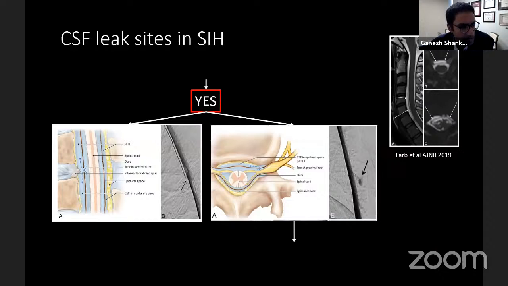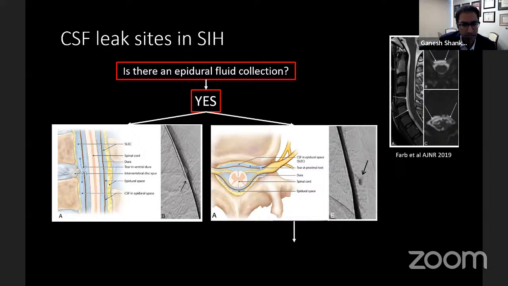And so how can patients present with spontaneous intracranial hypotension when it's related to a leak occurring in the spinal axis? And the first question is, is there an epidural fluid collection?